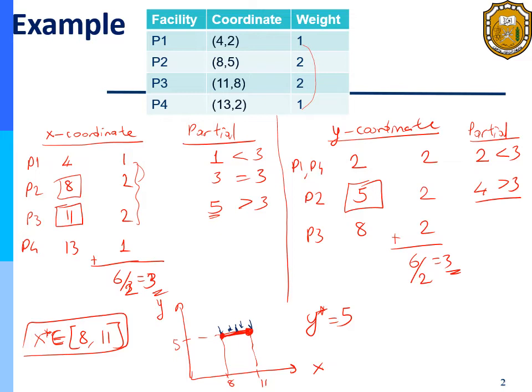Now assume that it is not possible to locate your facility in this region. There is some kind of a restriction there. Then what can we do? We can follow the isocost contour lines procedure. And for this example, let's use these 6 steps procedure to sketch the isocost lines.